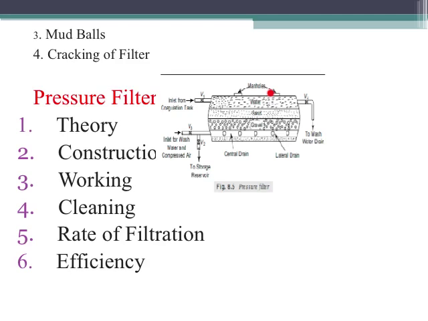Compressed air and a wash water drain are also provided. The gravels and the coarser sands are placed over the under-drainage system, which consists of a central drain and the lateral drains. So these are the laterals.